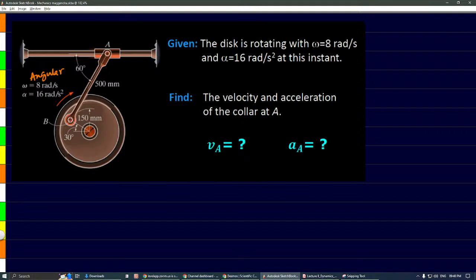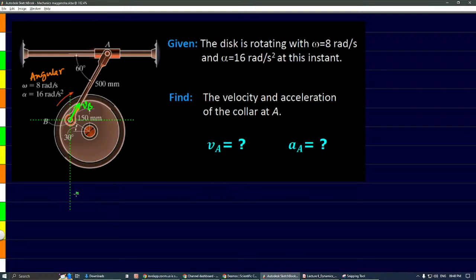Again, we have to start at point B. It is rotating clockwise, so the velocity will be perpendicular. It is perpendicular, so it will be in this direction, right? So velocity of B will be in this direction. Again, we have to take two components, x component and y component. Ready?